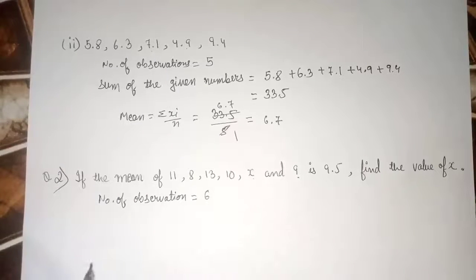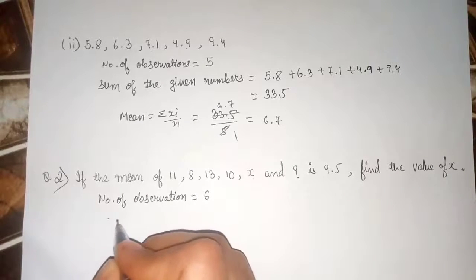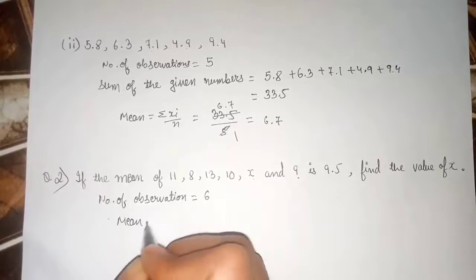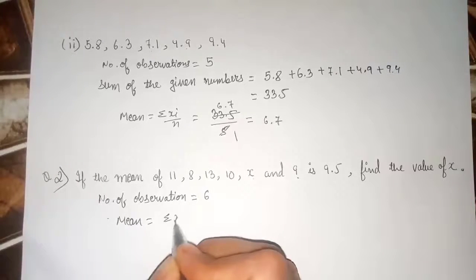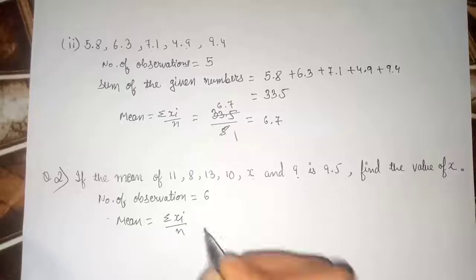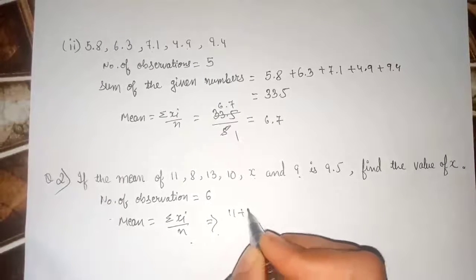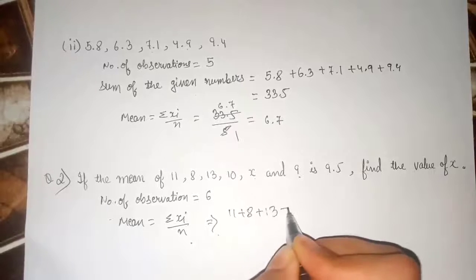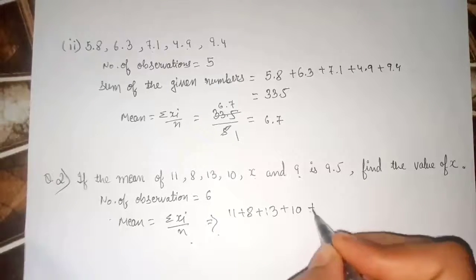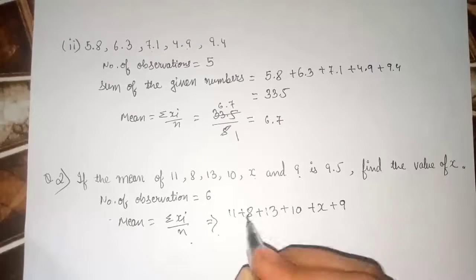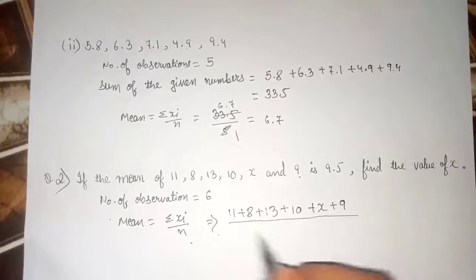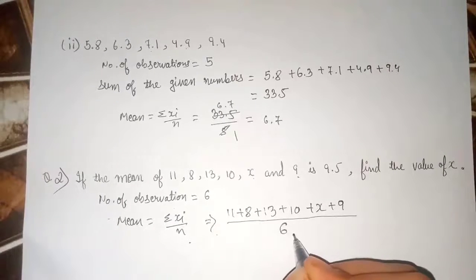So 6. Okay, and mean formula is summation of xi by n. So summation of xi means 11 plus 8 plus 13 plus 10 plus x plus 9 divided by the number of observations, 6.